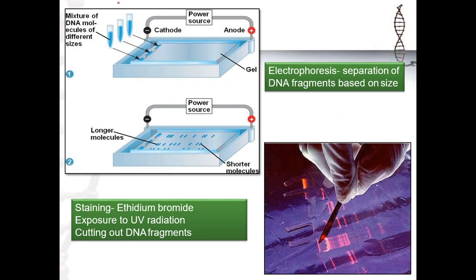So this is it, no? So mixtures of DNA molecules of different sizes doon sa medium under the electrophoresis process, no? Separation of DNA fragments on the sizes, parang salasala ito.